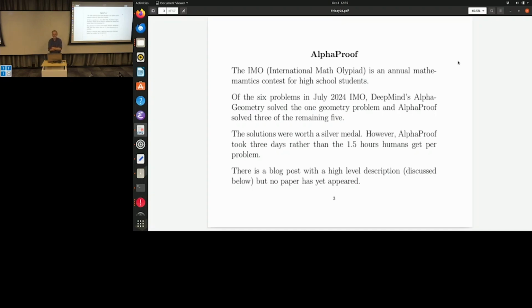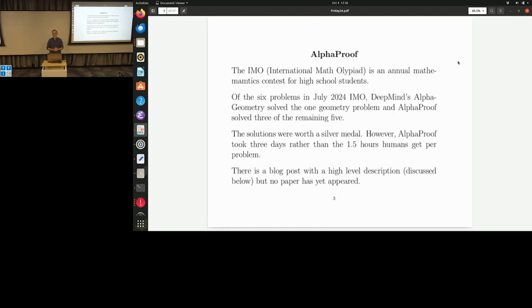DeepMind's AlphaGeometry solved one of the IMO geometry problems, and then AlphaProof, which is a different program, solved 3 of the remaining 5. You take the solutions, you give them to the judges, they were judged, and they got a silver medal in the IMO.